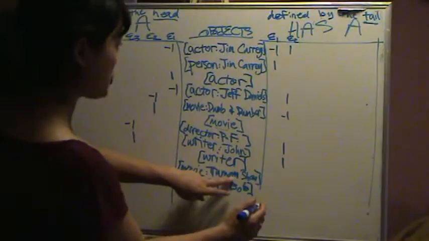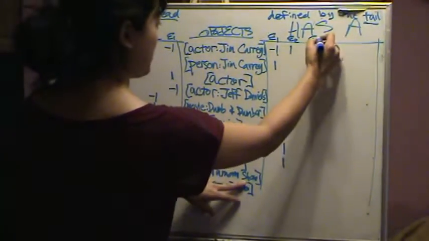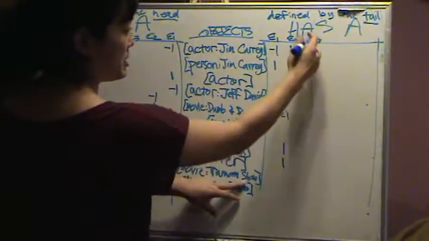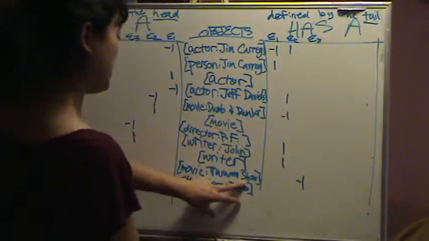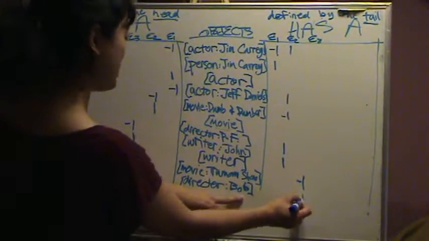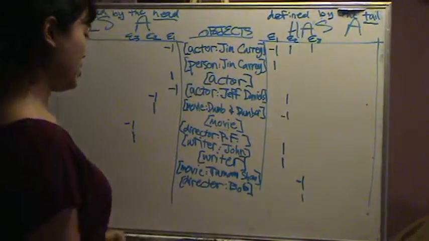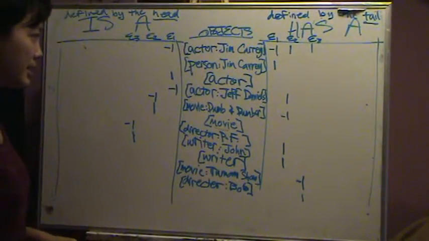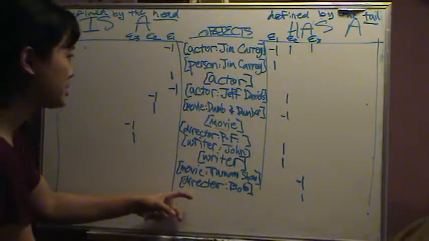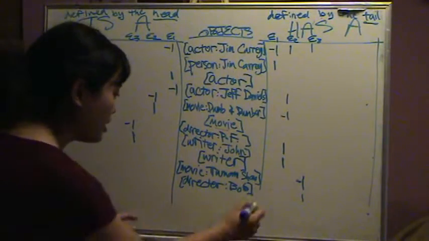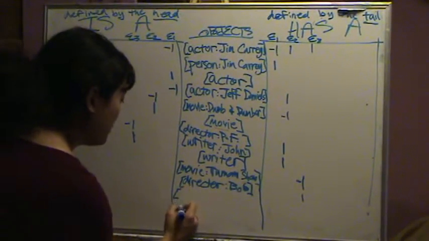So movie Truman Show has a, and so we need a new edge because has a is defined by the tail. Movie Truman Show is -1 there, and then director Bob, and it also has actor Jim Carrey. Alright, and let's see, we can say that there's another movie.